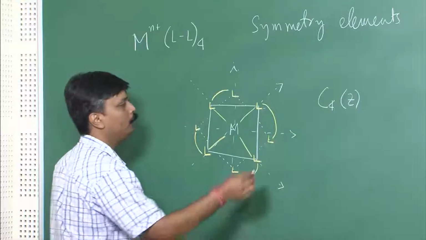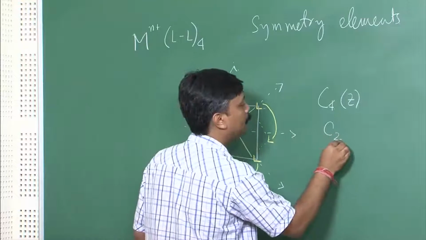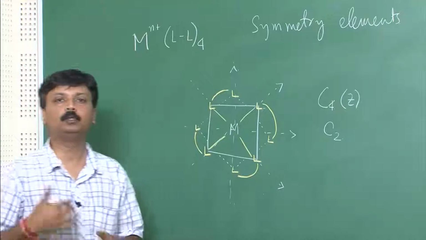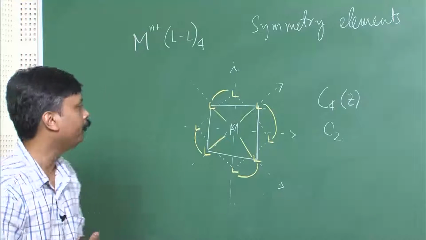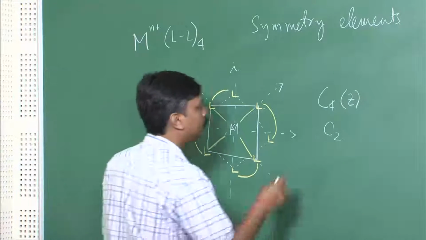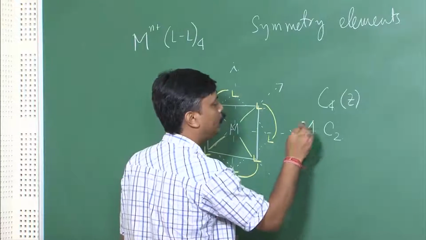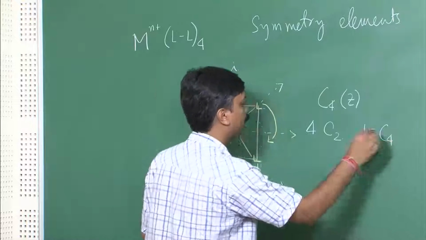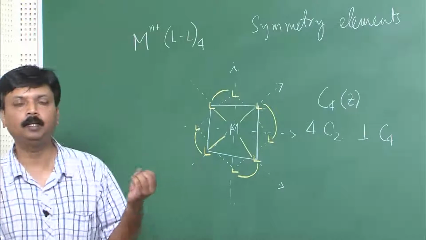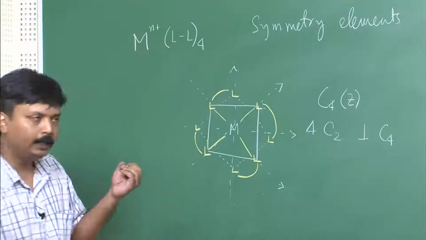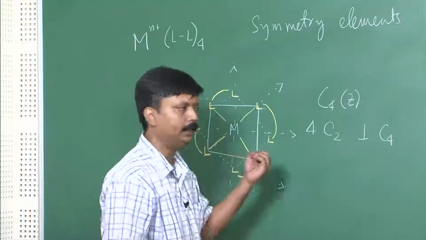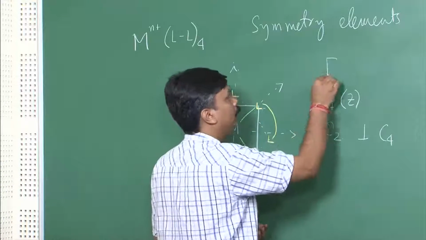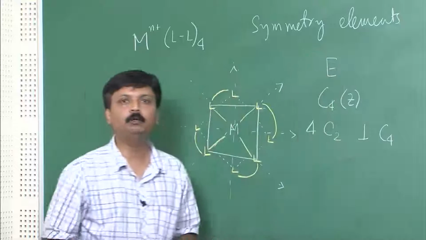So we have 4 C2s which are perpendicular to the principal axis, C4. Are there any other symmetry elements? There is nothing else apart from the identity, which is implied and always there.